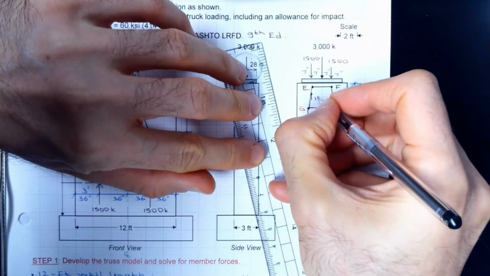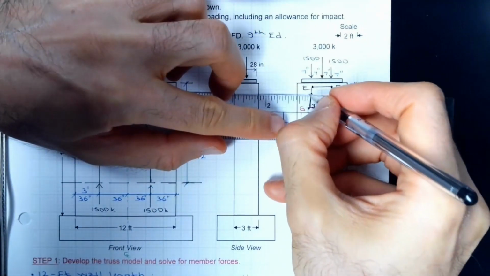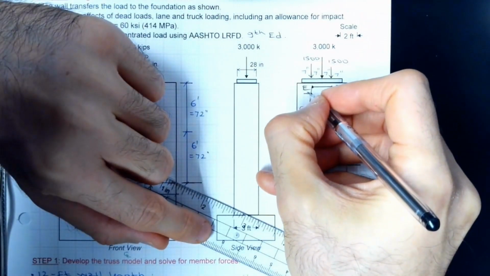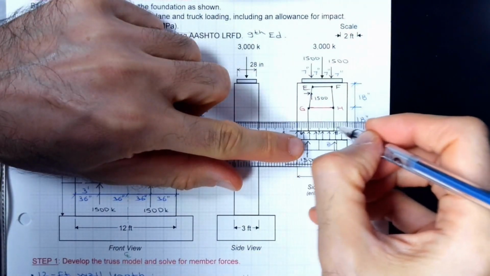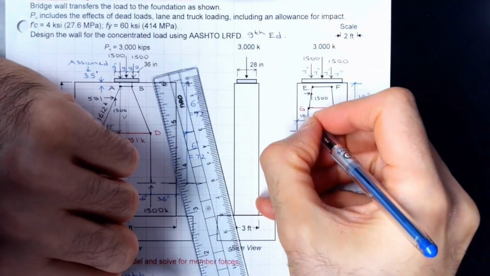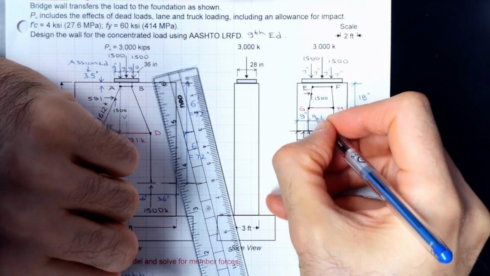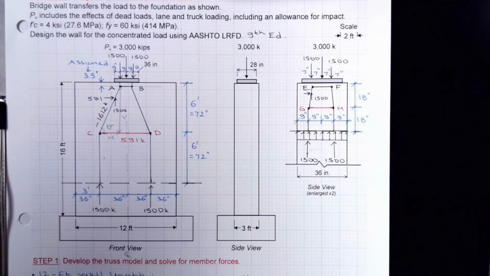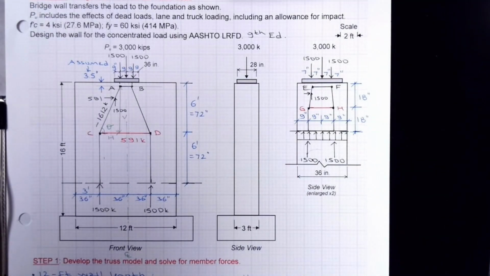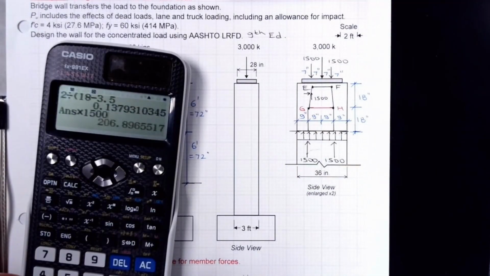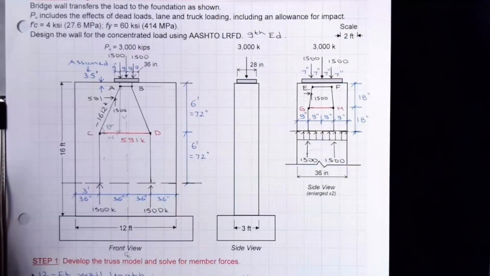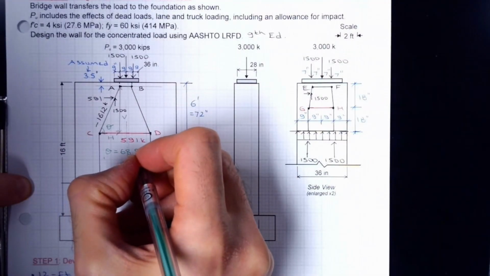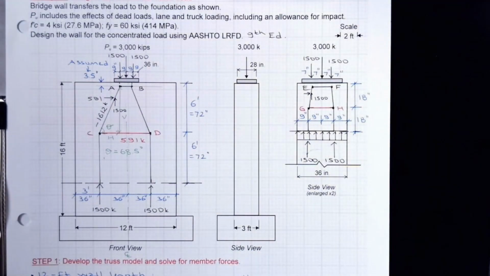EFGH. So this is 1500. What I'm looking for is this horizontal component because this is 36. This is the center line. These are going to be 9 inches. 18 minus 3.5. So based on this, 207 kips. Low number based on a super good angle, theta, 68.5 degrees, which is a very good angle.